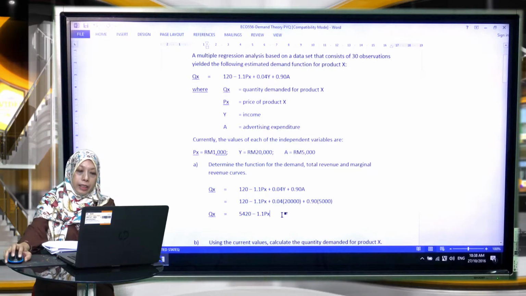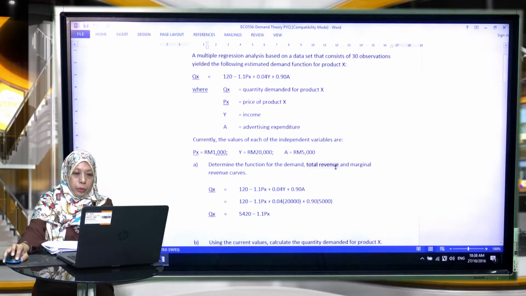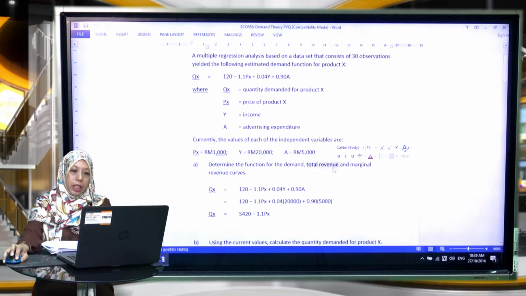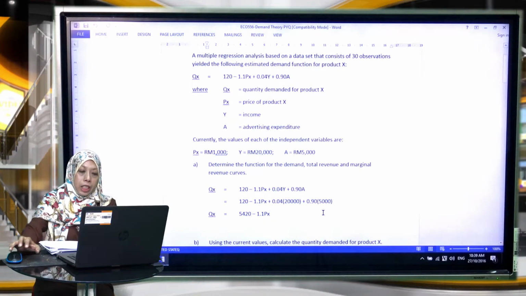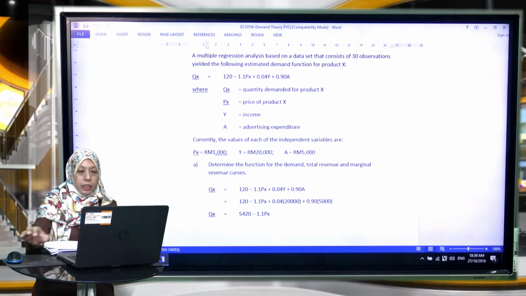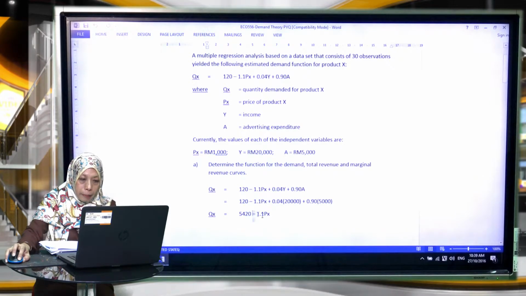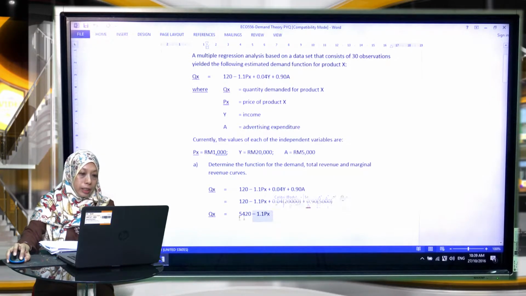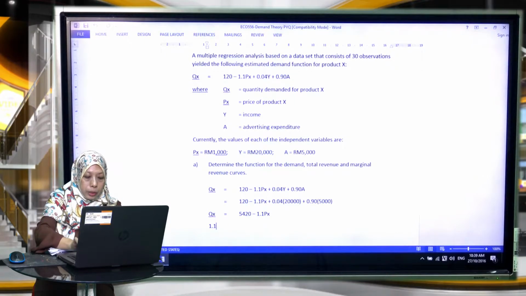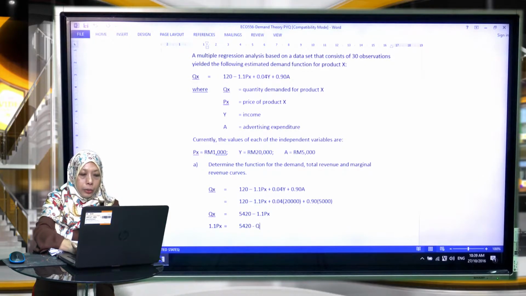Now, the next thing is we need to derive the total revenue function. But before you can derive the total revenue function, we need to derive the price function. To derive the price function, we need to bring price to the left hand side of the equation and quantity demanded to the right hand side. So let's switch places here. You have 5420 minus Qx.